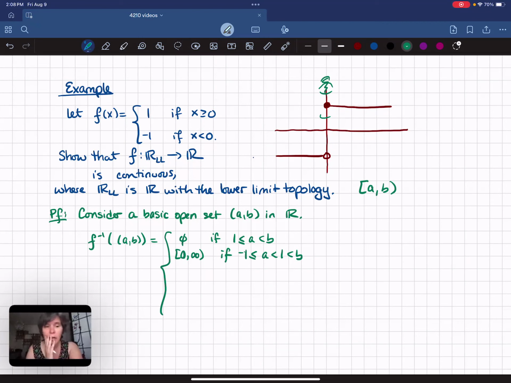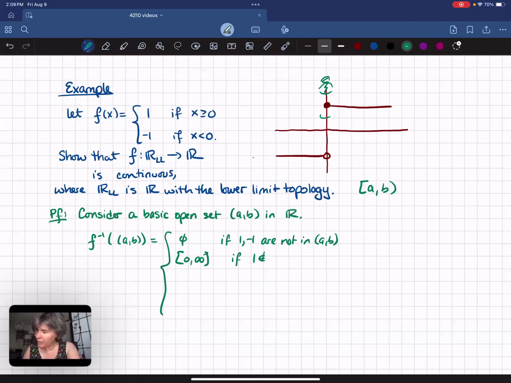Actually, you know what? I'm going to make this a little bit easier on myself. I've changed my mind about how to do these cases. Let's say it's the empty set if 1 and -1 are not in (a, b). It's 0 to infinity with 0 included if 1 is in (a, b), but -1 is not in (a, b).